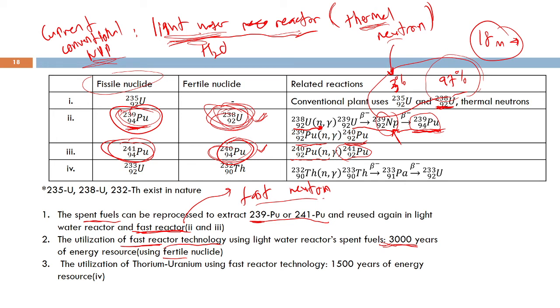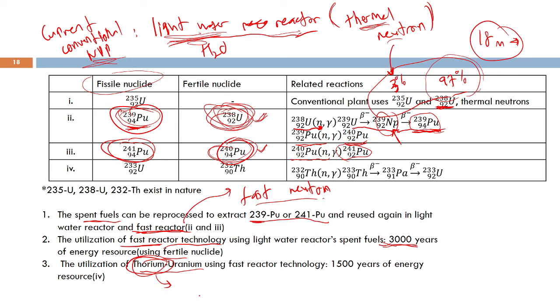And then thorium. Thorium is abundant in nature, but the thorium reactor is still at the prototype scale, not yet conventionalized.